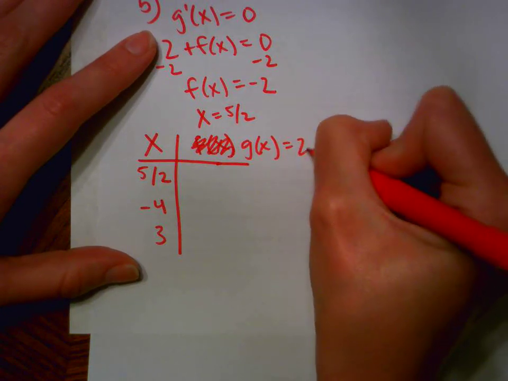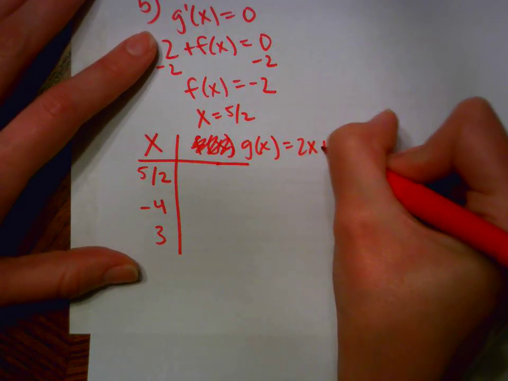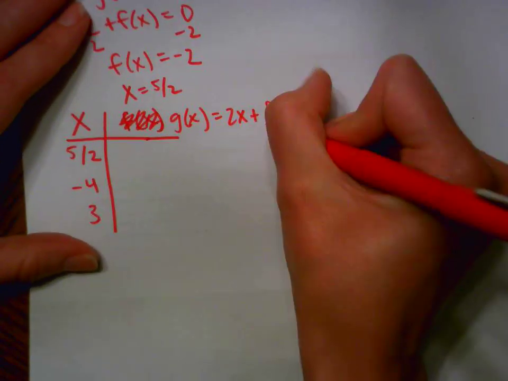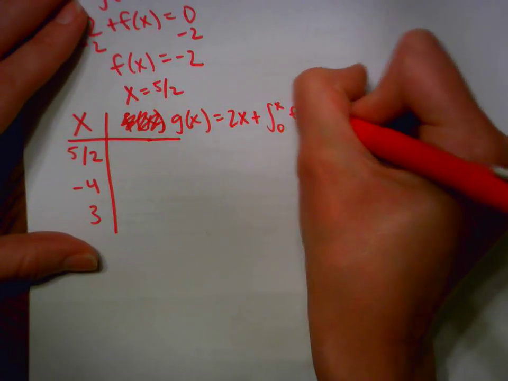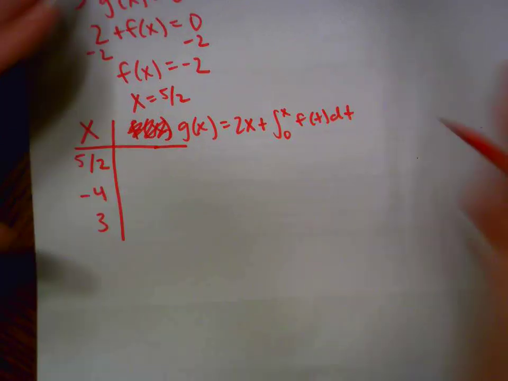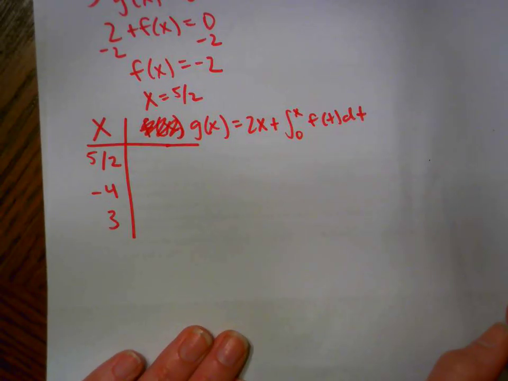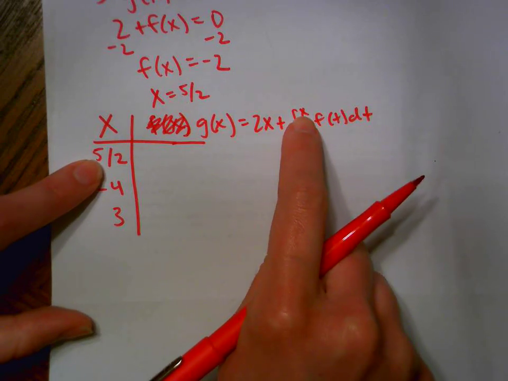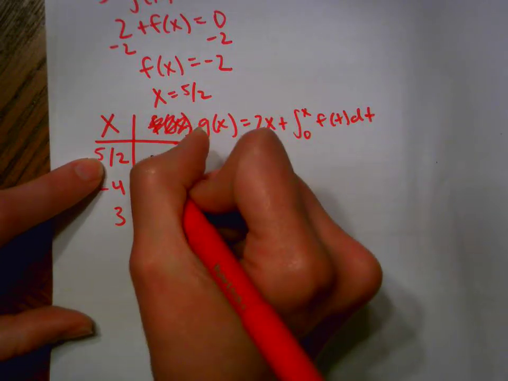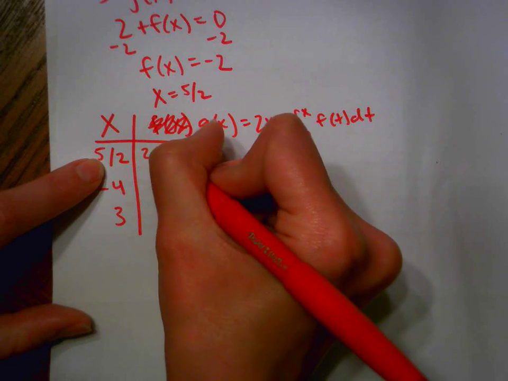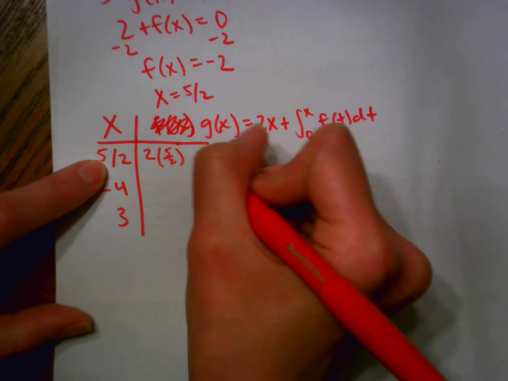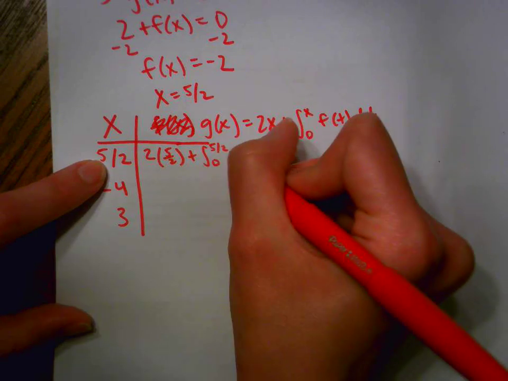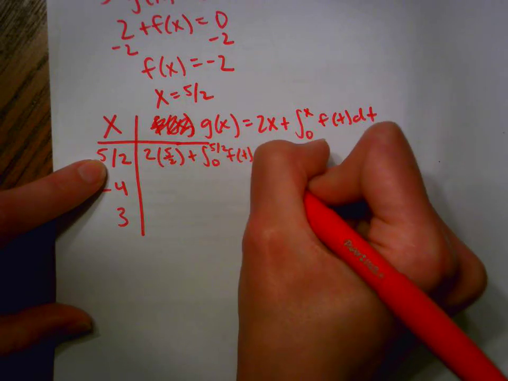What is g of x? 2x plus the integral from 0 to x of f of t dt. So you're plugging these values in for x, not t. So this would be 2 times 5/2 plus the integral from 0 to 5/2 f of t dt.